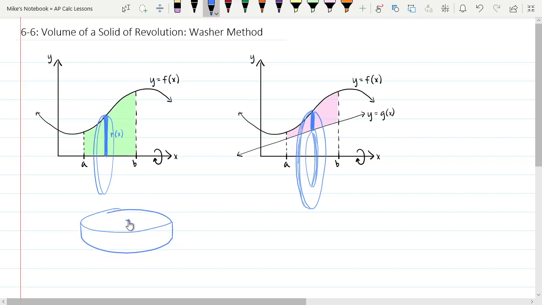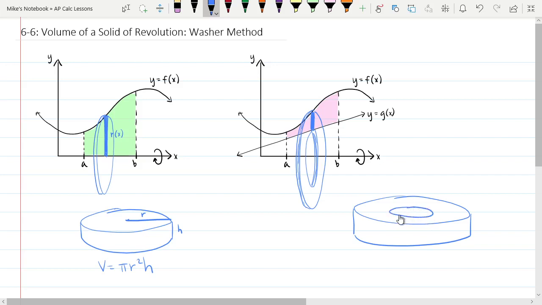And so that's why we needed to know the radius and then the height, because the volume was just going to be pi r squared times the height. But in this situation, now what we're looking at is still a cylinder, so it's still like a disk, except now it actually has a hole cut out of it.